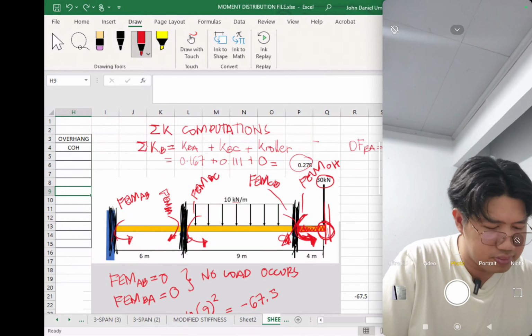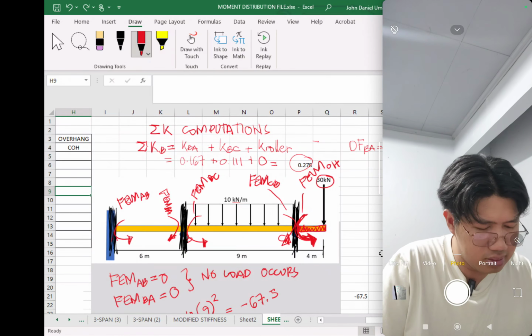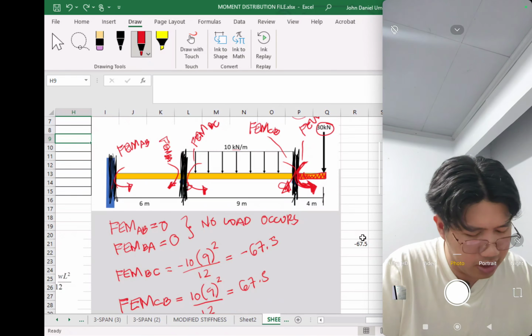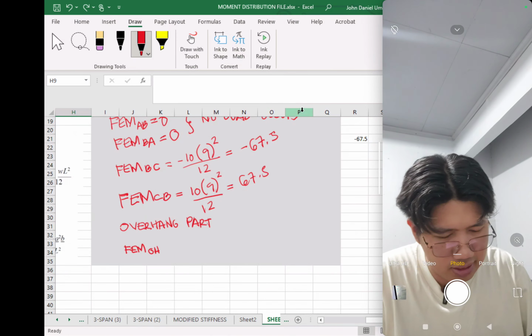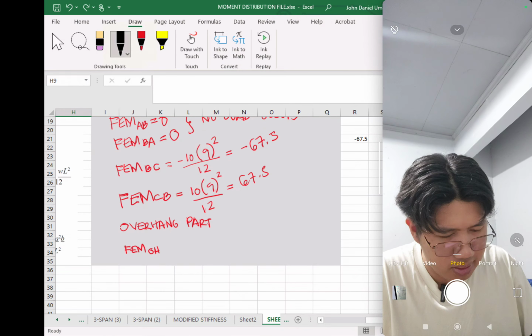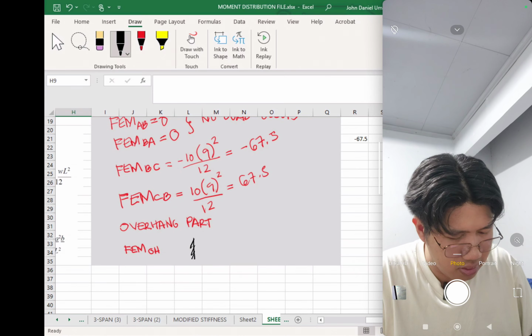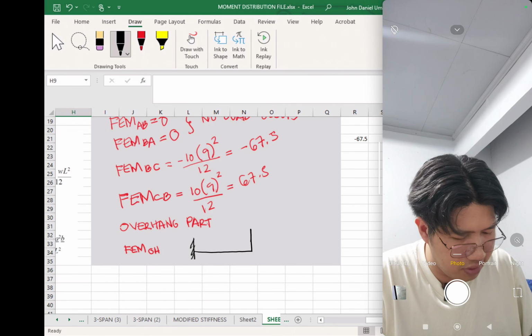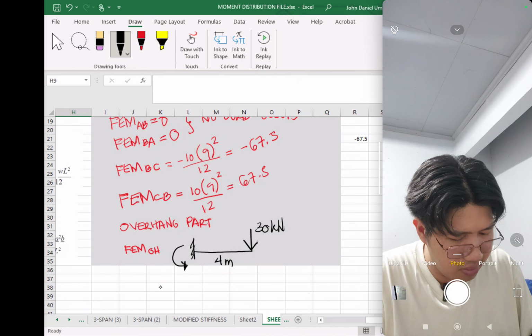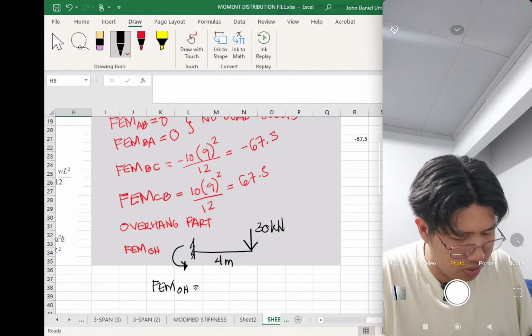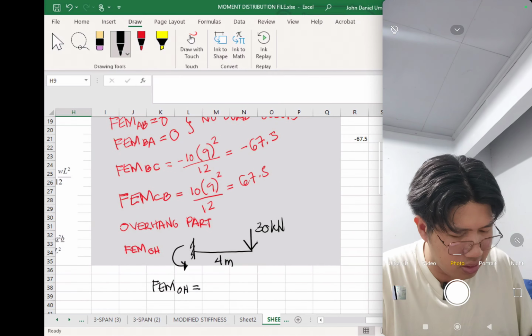So, the FEM of the overhang we can compute easily by treating it as a cantilever. So, if it is a cantilever, 4 meters, can we get the moment here? Yes. That is the FEM of the overhang, summation of moments at this point.